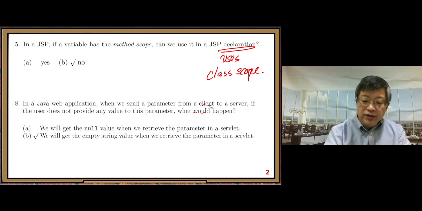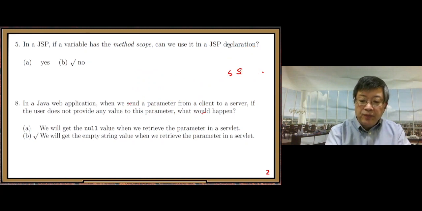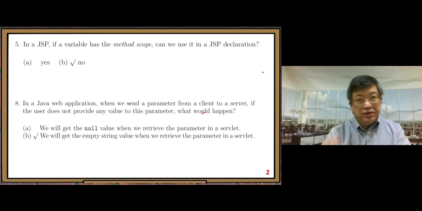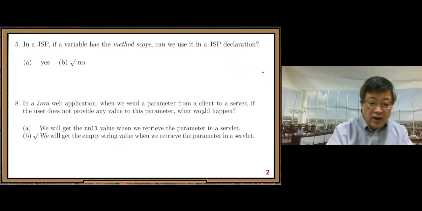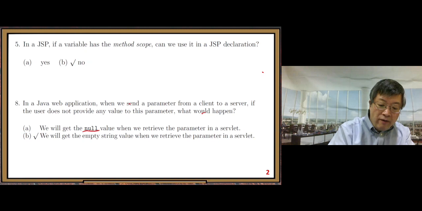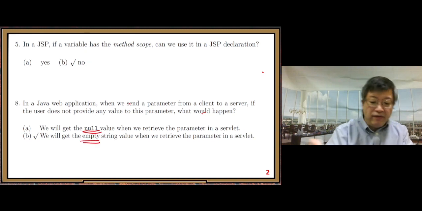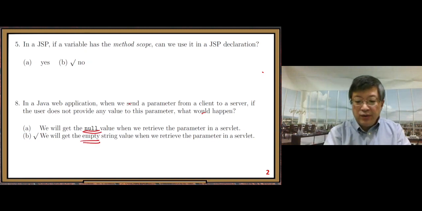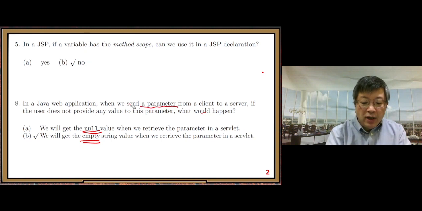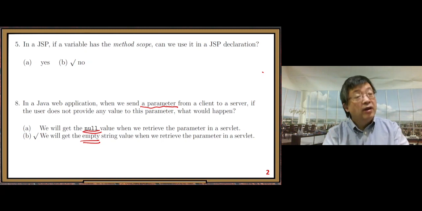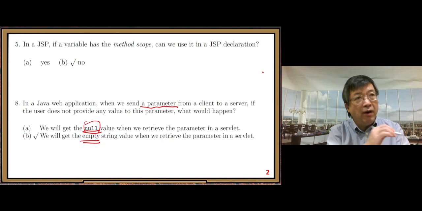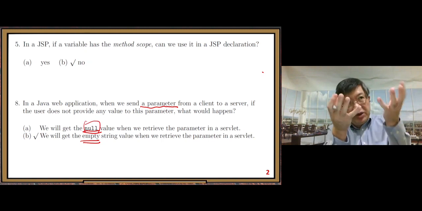Question number 8. I explained this issue in one video: comparing the null value and the empty string value. They are different in relation to parameters. When you send a parameter, under what situation do you get an empty string, and under what situation do you get a null object when you retrieve it?